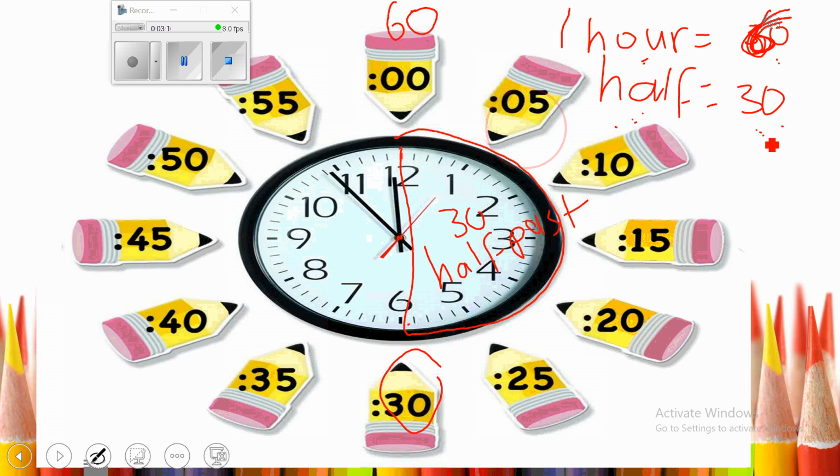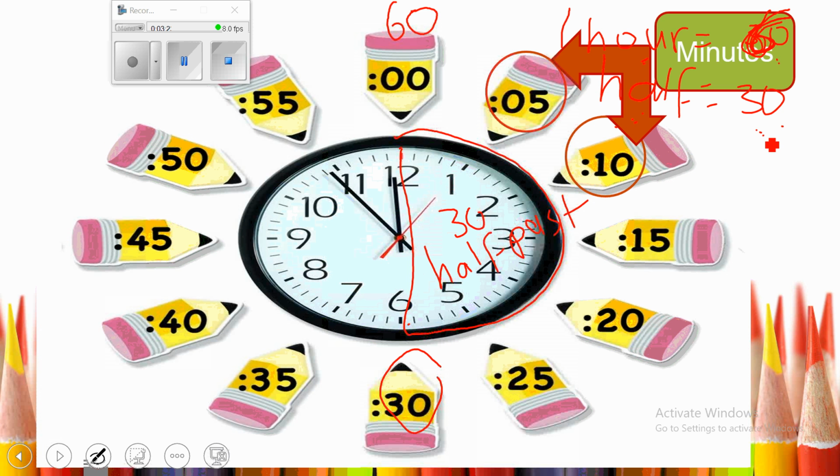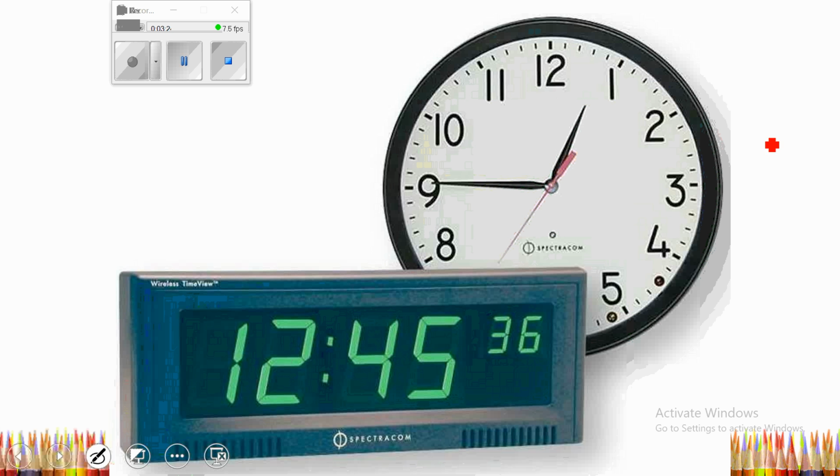Okay, let's go. Here is the analog clock and here is the digital clock. If I want to tell the time with half, with 30 minutes, the minute hand should be only on 6.